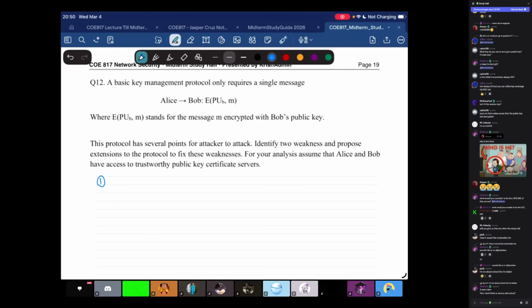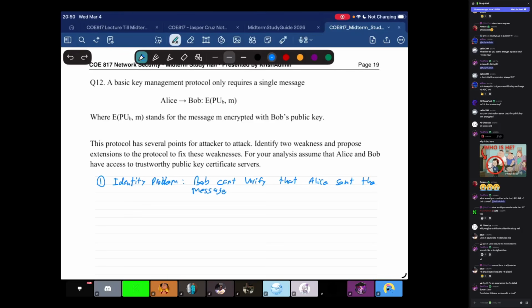Since here it's an identity problem, Bob can't verify that Alice sent the message, since the public key is open, so everyone has access to it.